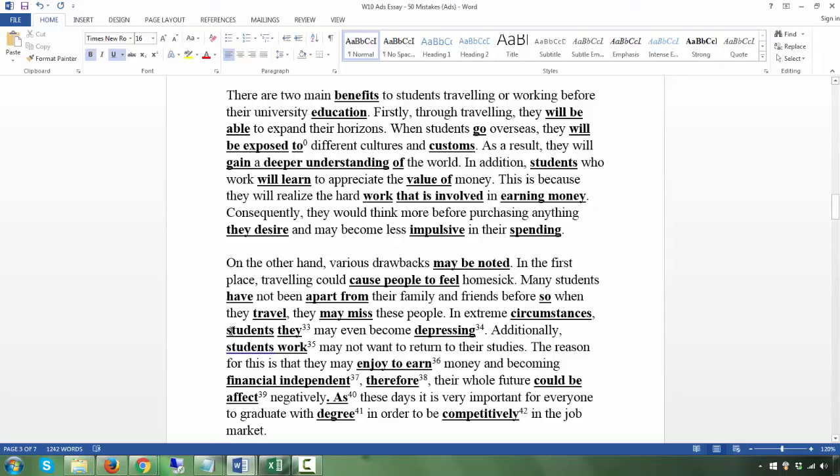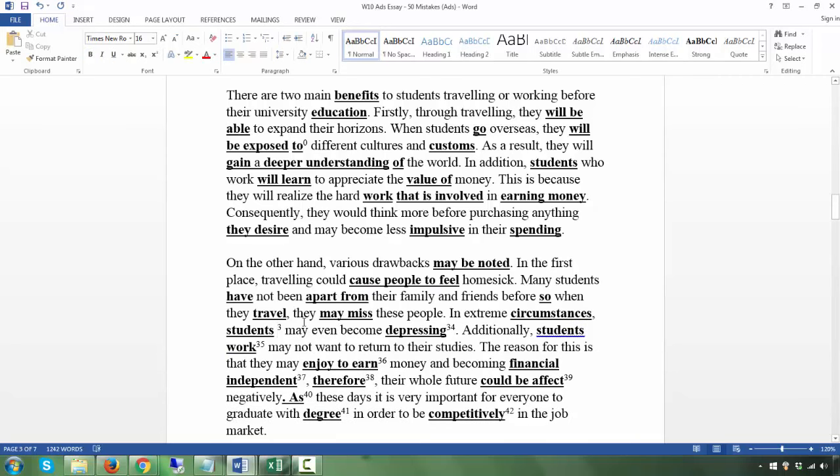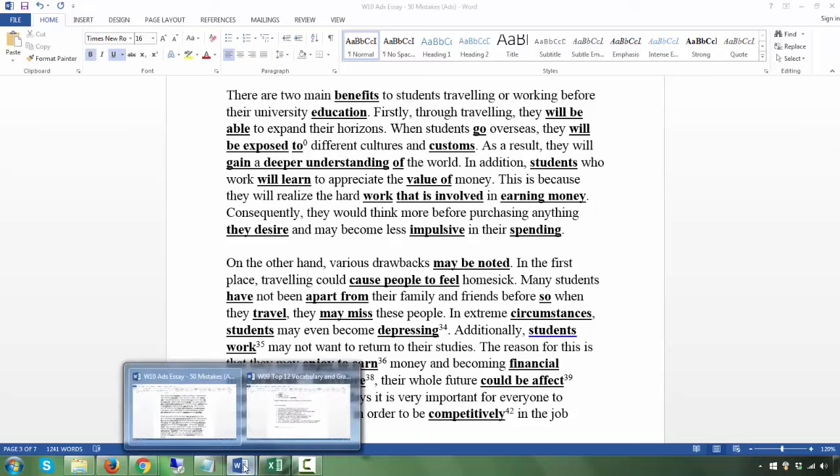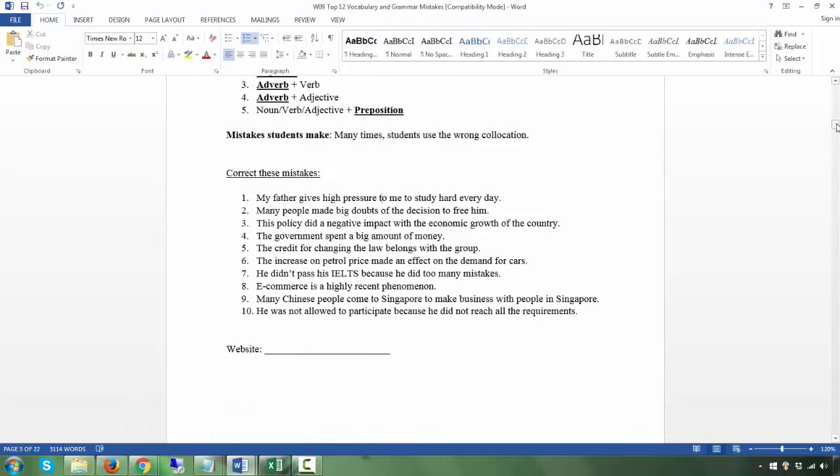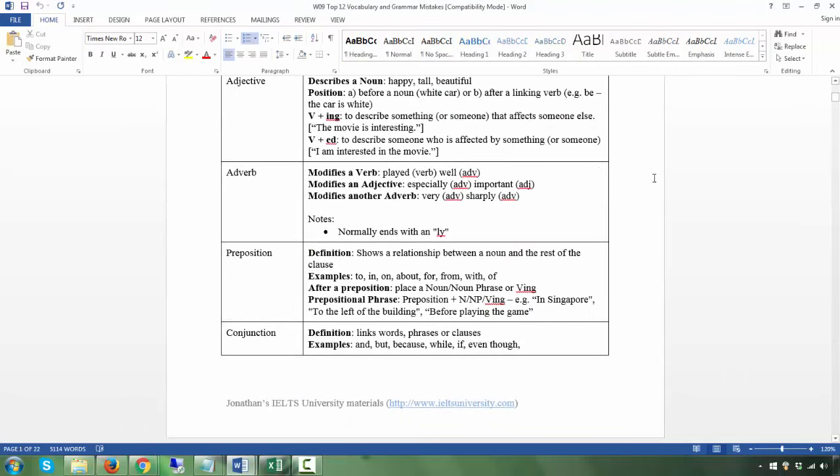But here, I guess the mistake I really wanted to get at was it should be students, not the students. And this is sentence structure, double subject. Take this away: in extreme circumstances, students may even become. The difference between an ing and an ed adjective.